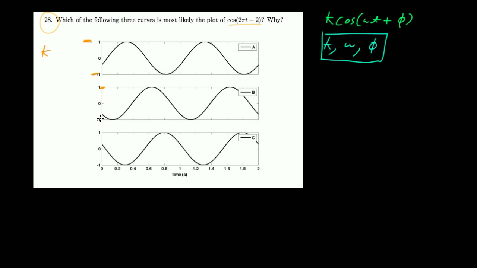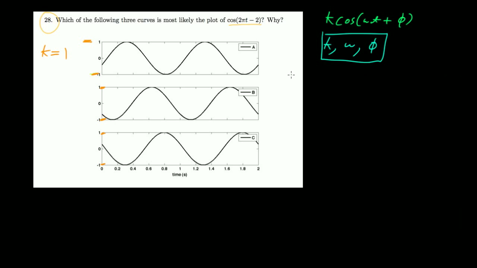And all of these cosines oscillate between 1 and negative 1. So they're all the same basically. All of these cosines, k is equal to 1. So we can't even eliminate any cosine here.